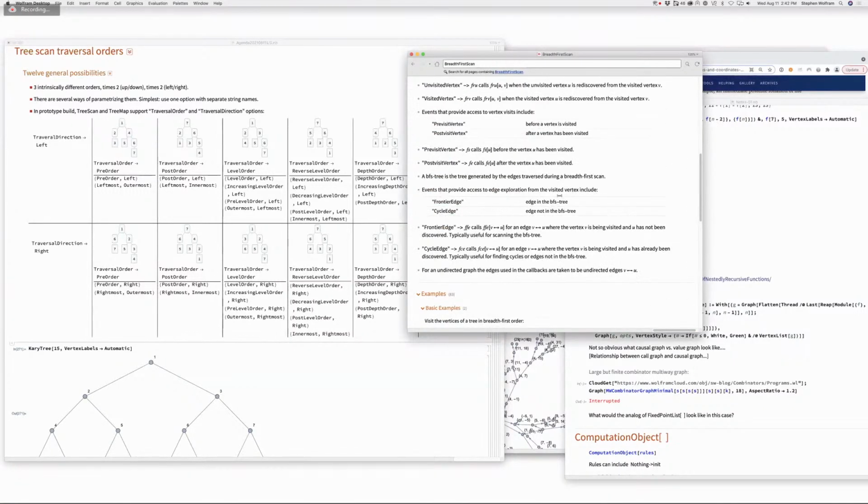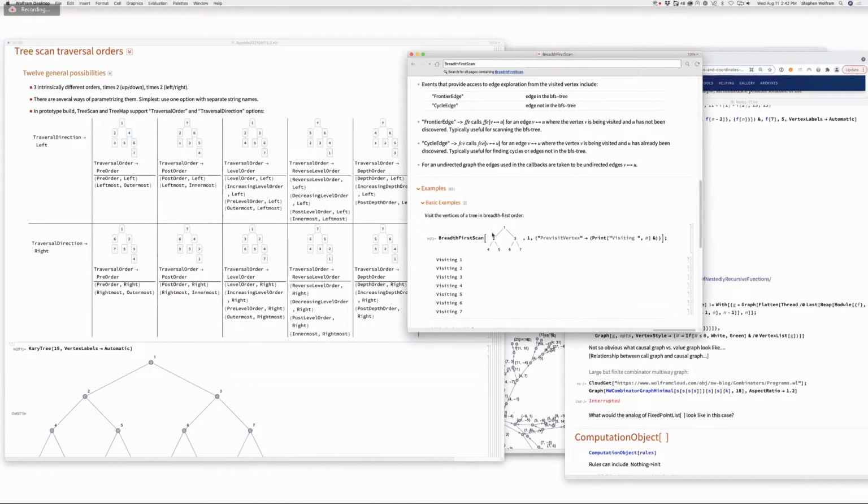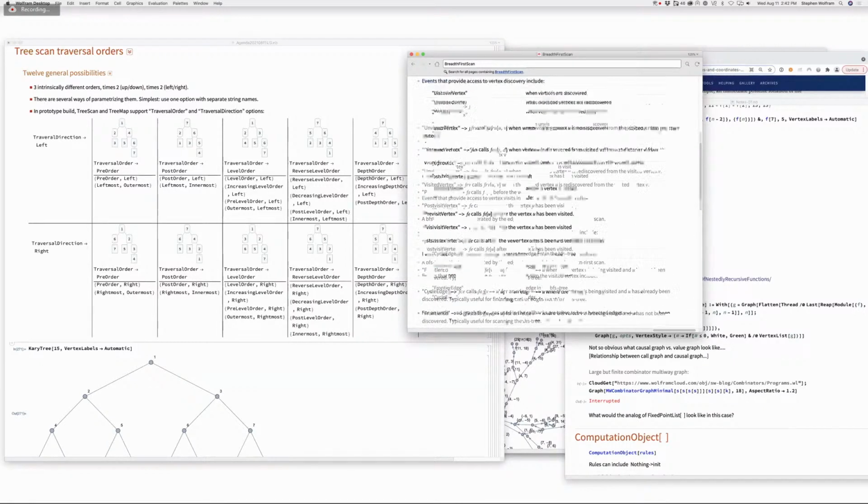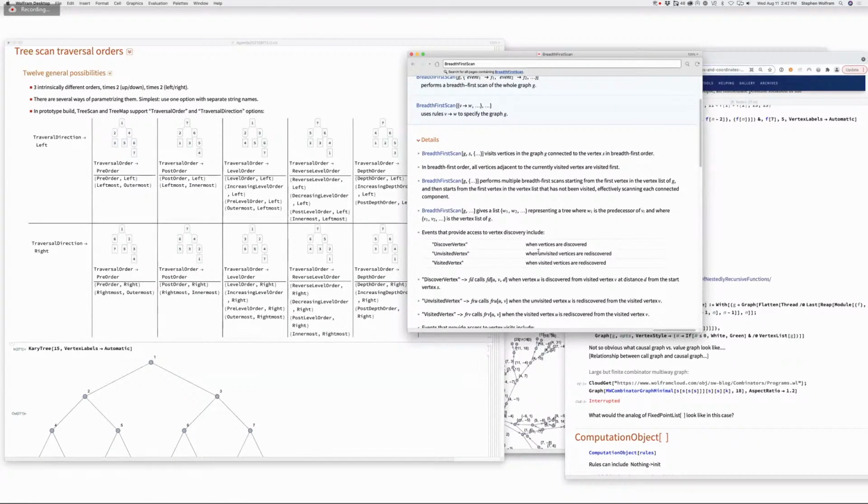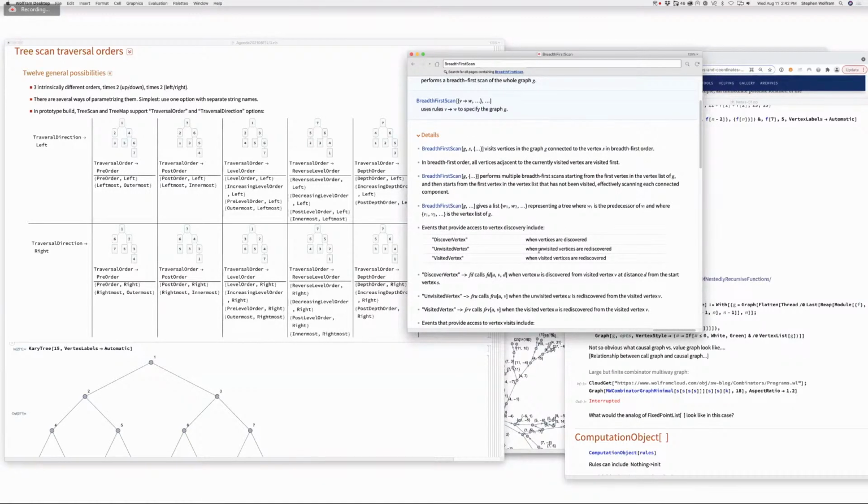No. For example, here, breadth first scan, this could be a tree data structure here. I don't see any reason that shouldn't be supported. It could start by converting the tree into a graph. Fine, whatever it wants to do. But there's got to be consistency: all vertices adjacent to the currently visited vertex are visited first.